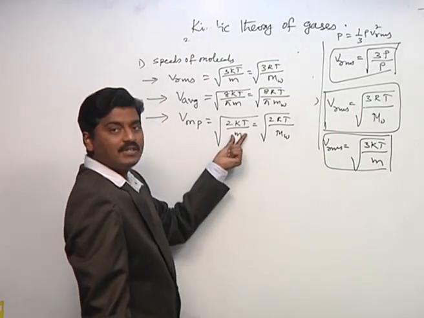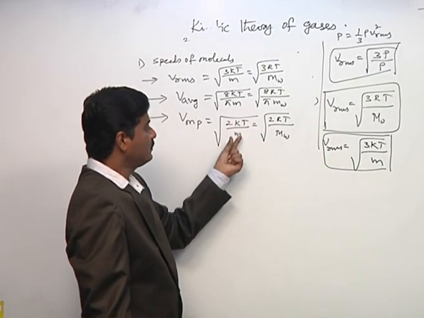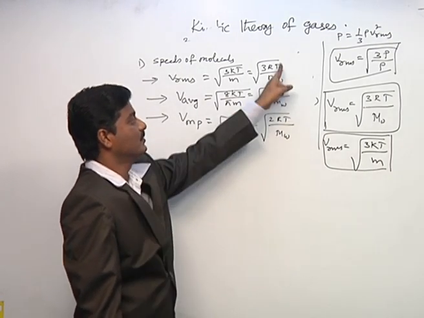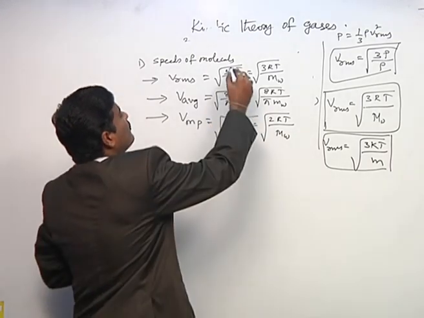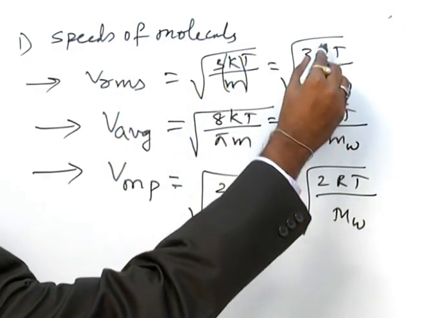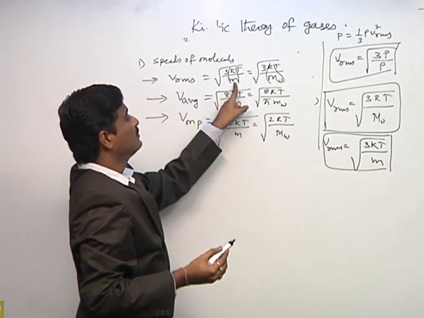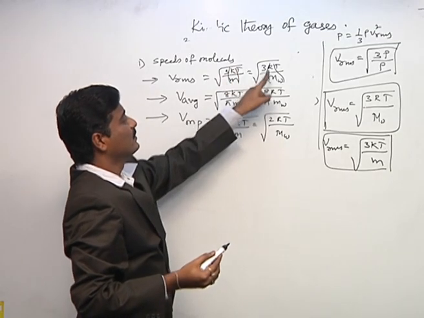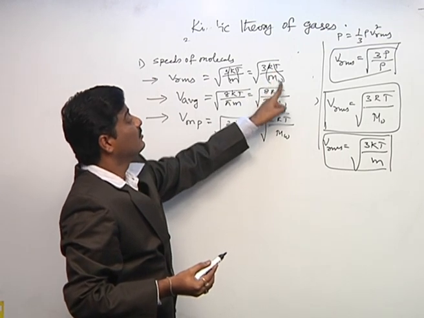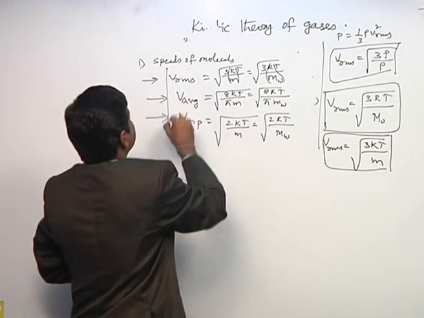Suppose they give the mass of one molecule and the Boltzmann constant, you substitute into these formulas. If they give the molecular weight, you substitute into these formulas. So here simply what we are doing is k by m is replaced by R by M. This m is the mass of one molecule, this k is the Boltzmann constant, this R is the ideal gas constant, and this M is the molecular weight.